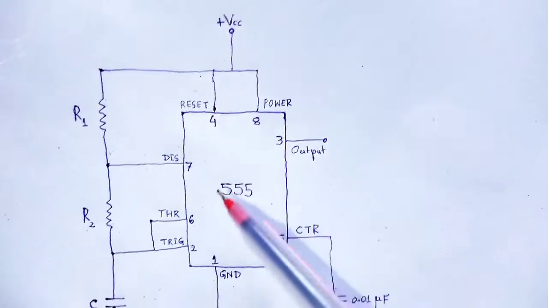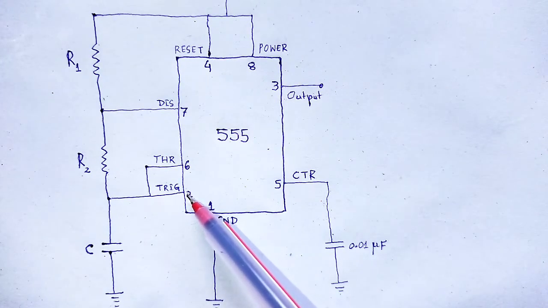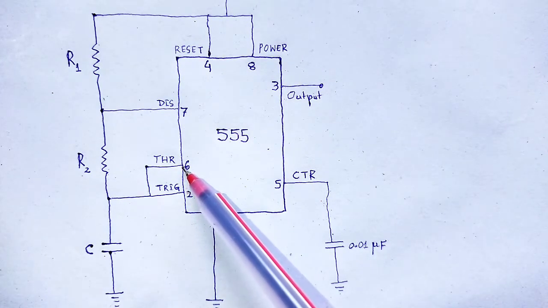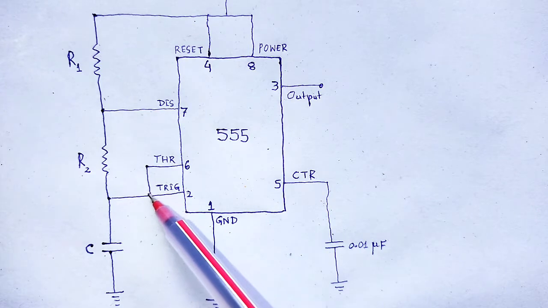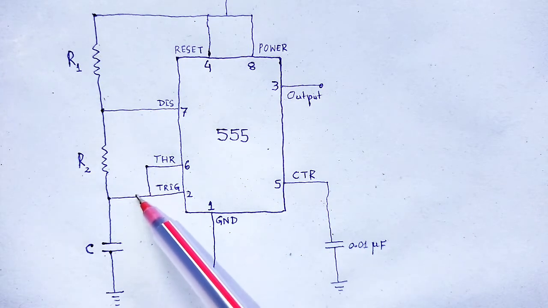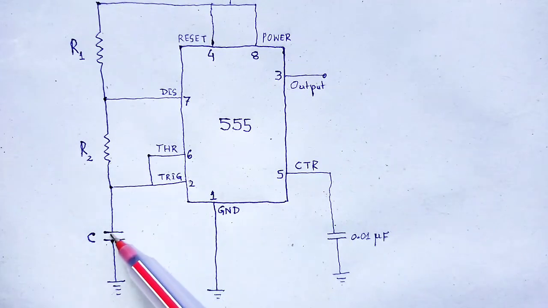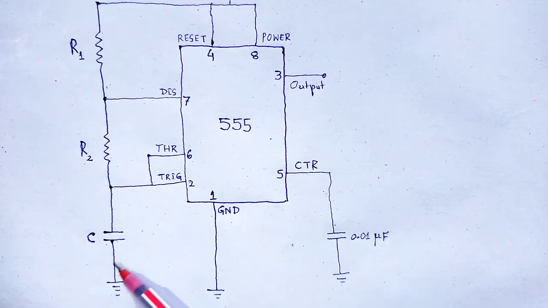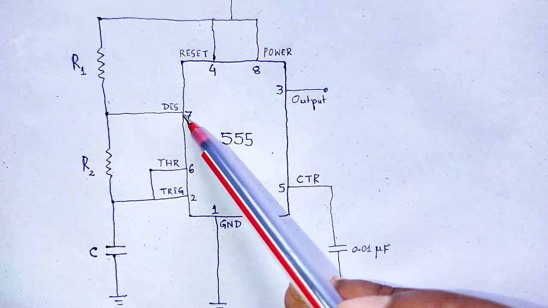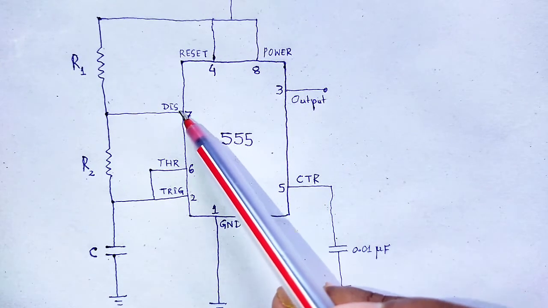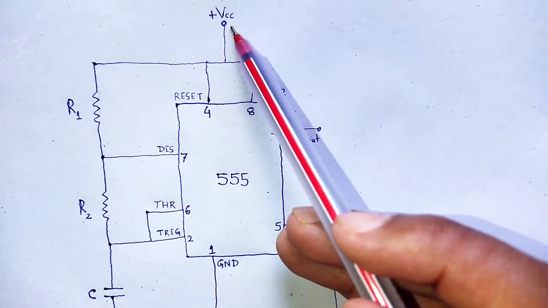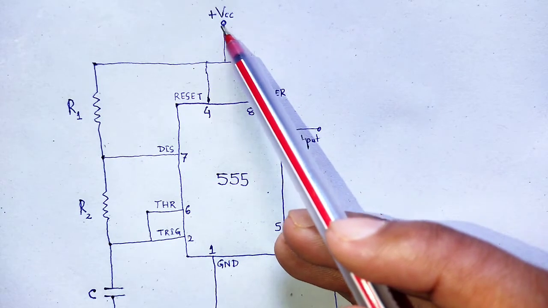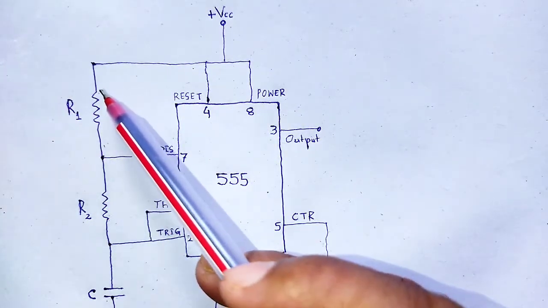Pin 2 and pin 6 are shorted and connected to ground through a capacitor C. Pin 7 is connected to the power supply through the resistor R1.